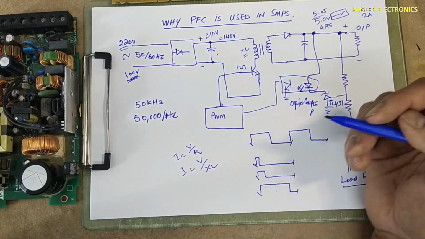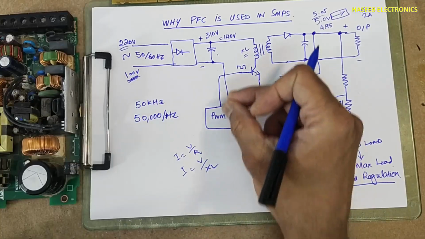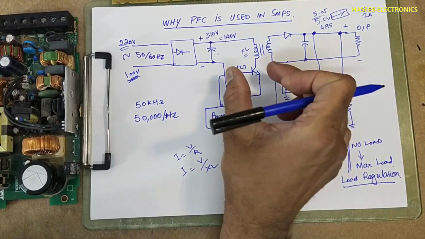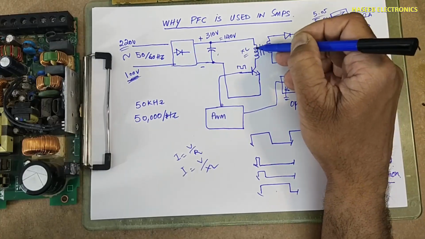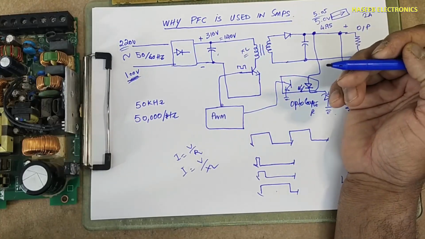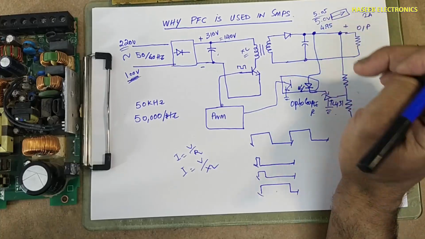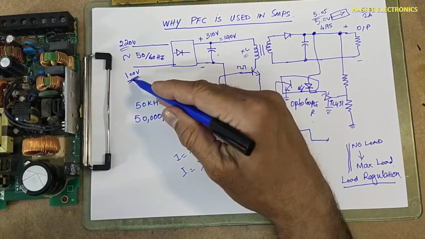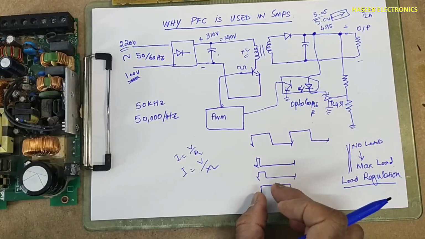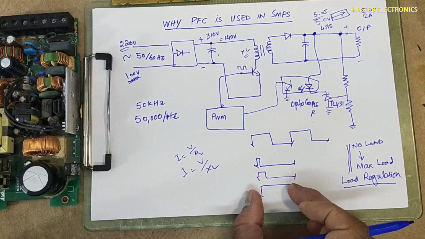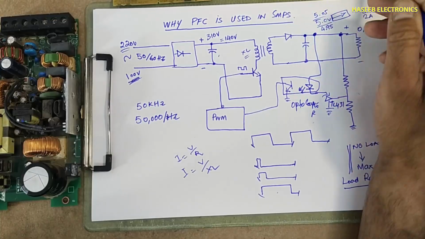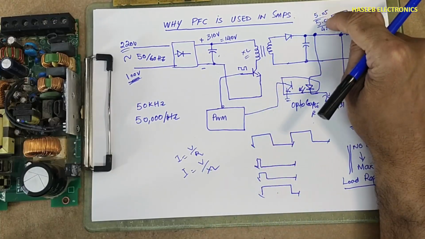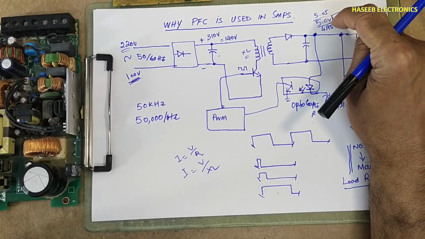At that time, we need more switching time, a wider turn on time, to provide magnetic field in this winding, to maintain the voltage here. In that condition, this PWM controller will adjust its duty cycle to regulate this 5 volt. Our basic agenda is to regulate 5 volt at the output stage.